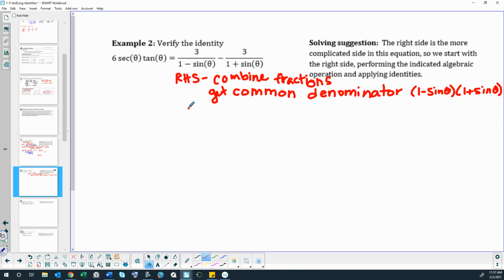So to get our common denominator, we multiply the top and the bottom by 1 plus sine theta on our first fraction. And then on our second fraction, we multiply by the other denominator.